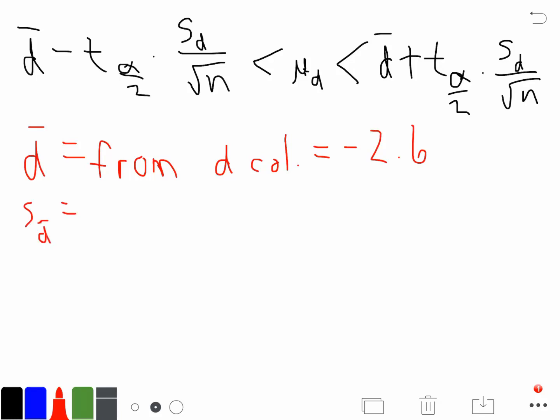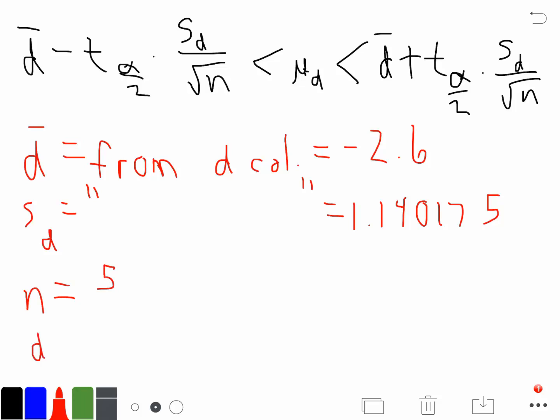S sub d is also from the D row. It would be equal to 1.140175. N would be my sample size, which is 5.